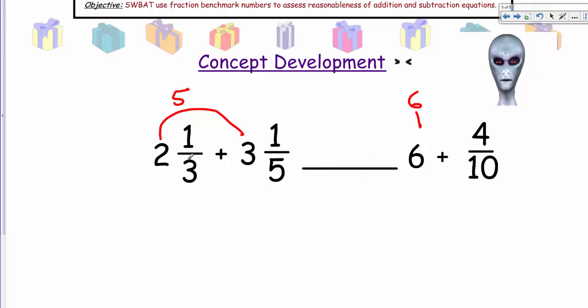Sure, we have another whole here, but we don't have that. We have these unit fractions of 1/5 and 1/3. And because these fractions can't possibly add up to actually get to 6, it's going to be less than 6, so I can say immediately that this expression is less than that one. Now we did that without doing any solving. This is the key of this particular process.